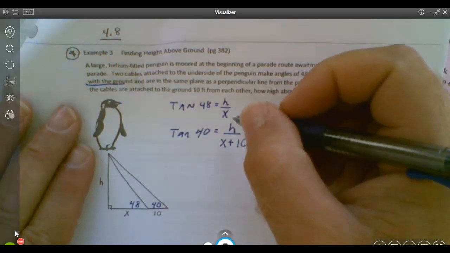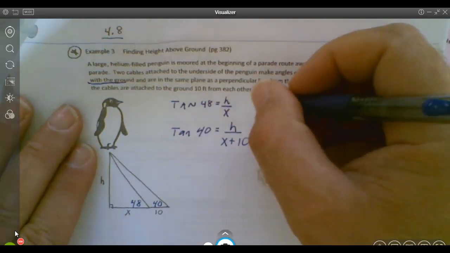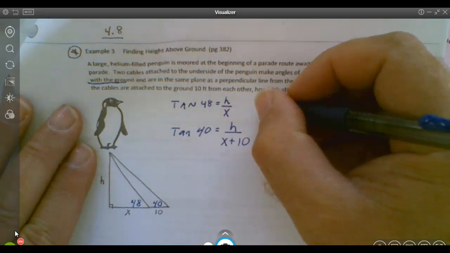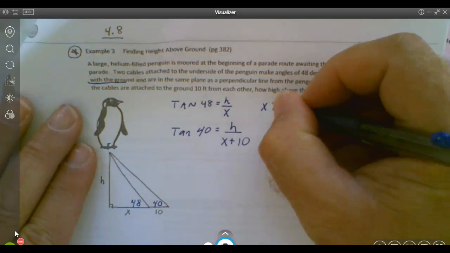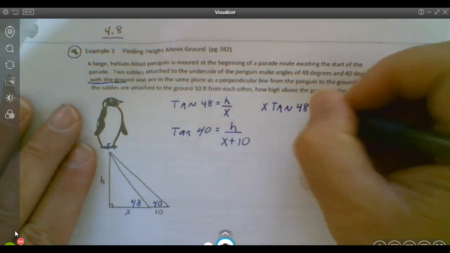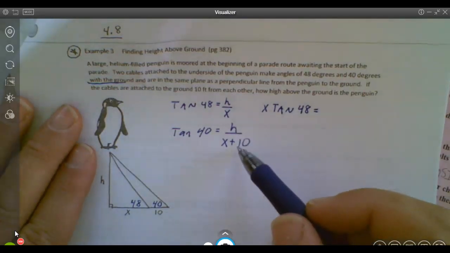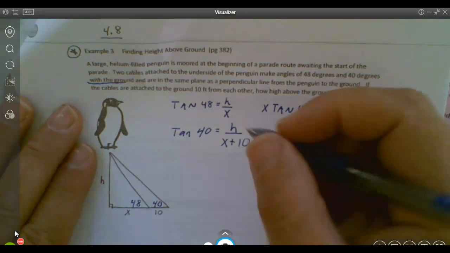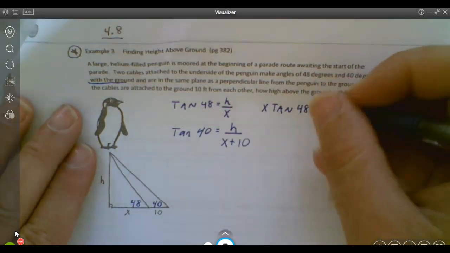For both, I'm going to take the denominator and multiply it over to the other side. On the first equation, we're going to figure out that h is x tan 48. If I isolate this h by multiplying that x plus 10 over to the left, so they both equal h, by substitution, they both equal each other.